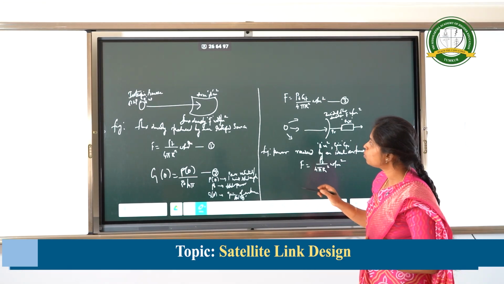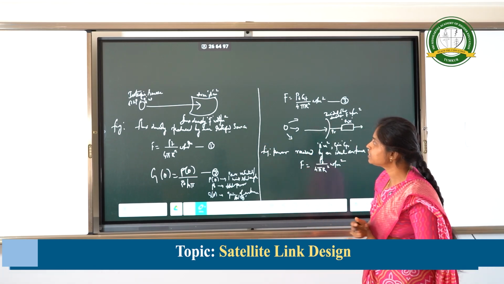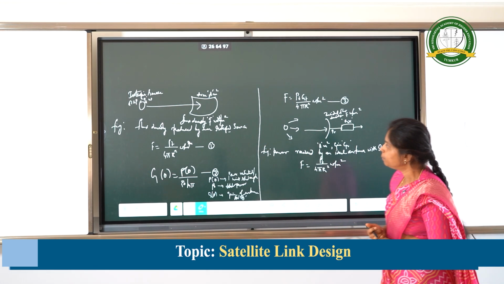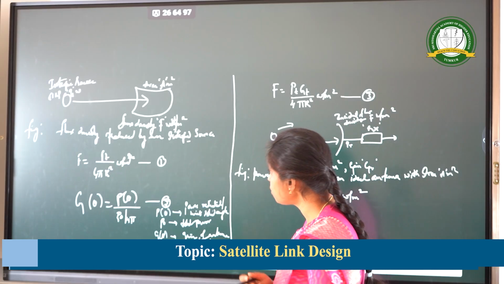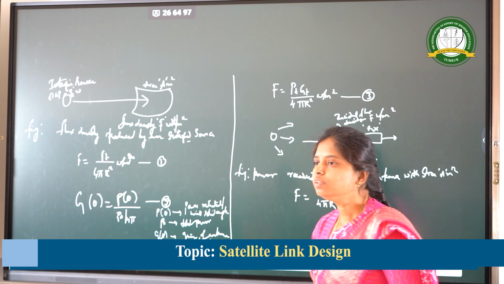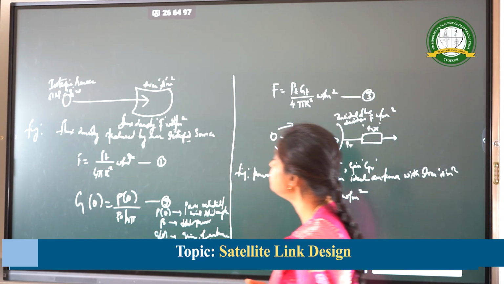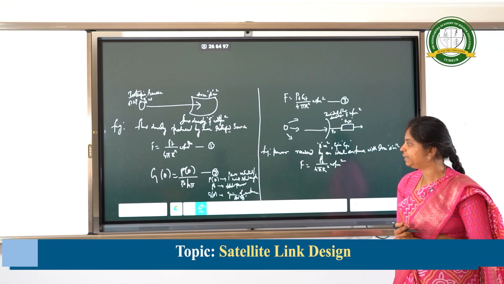For the isotropic source, this is the area A meter square and flux density F watt per meter square. This is the figure of flux density produced by an isotropic source. The flux density is given by PT divided by 4 pi r square watt per meter square.